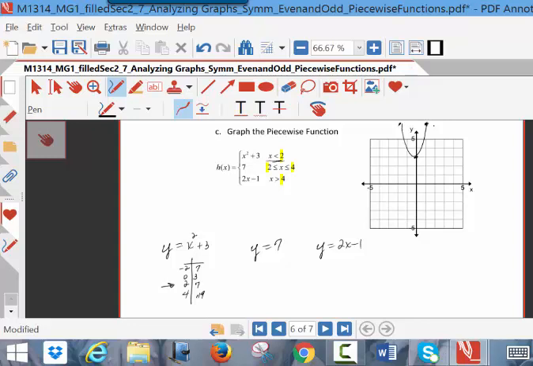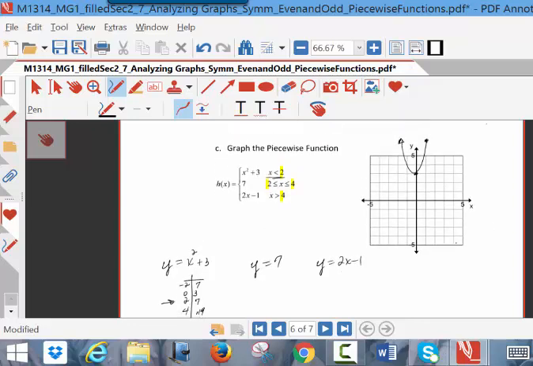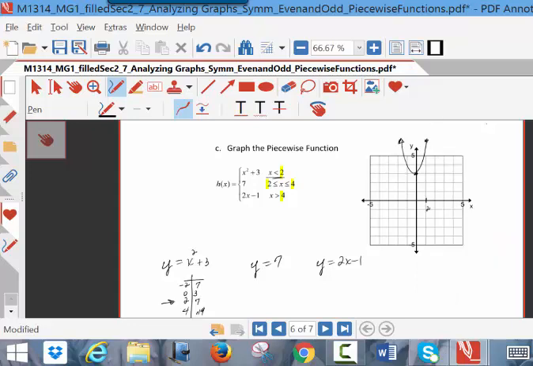What did I do wrong, guys? I went by 2's, didn't I? And that's all right. If this is a 2, then we're good. So everything to the left of 2 is okay. So we do get to have all of that, but the graph extends up off of my graph paper, and that's the part we can't have.